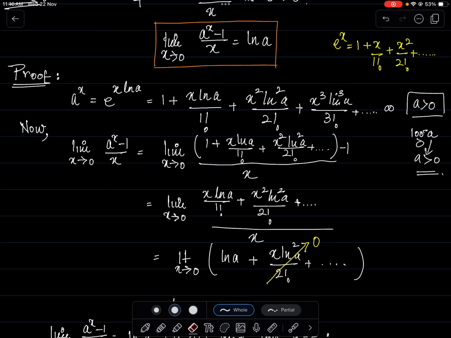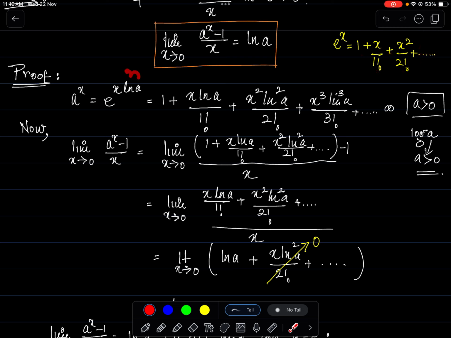So after writing in that form, let us proceed further. Now let us see what is the expansion of e power x. So e power x is 1 plus x by 1 factorial plus x square by 2 factorial, and the next term is x cube by 3 factorial, and so on till infinity.